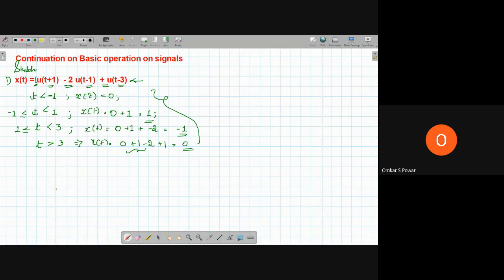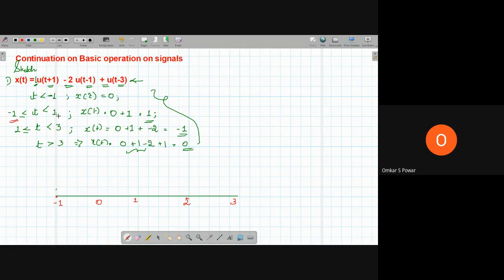So if you want to plot this, we have this here, and I will take this red color. Then minus 1, 0, 1, 2 and 3, because it varies from minus 1 to 3. So for t less than minus 1, whatever is less than here is 0, no need to plot.